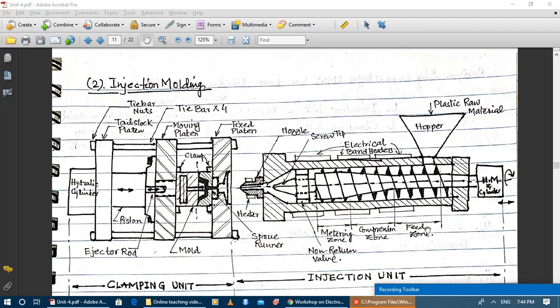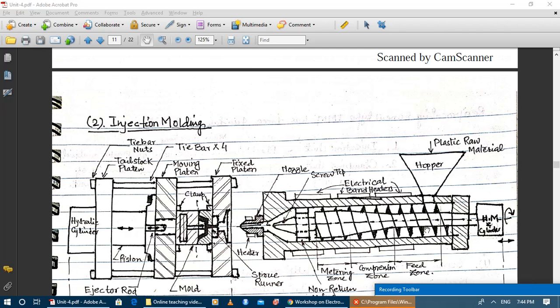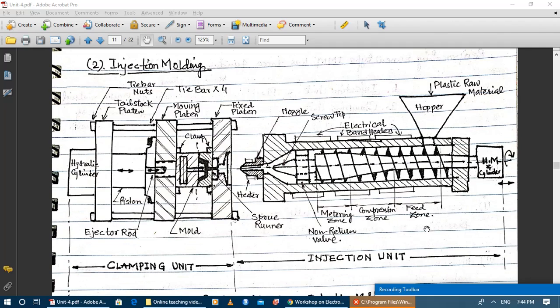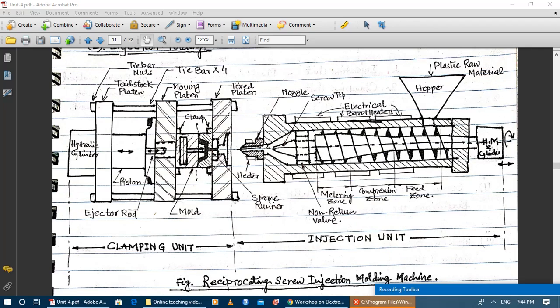The second most important melt processing technique is injection molding. In the case of an injection molding machine, we can divide the system into basically three parts. First is the injection unit, second is the clamping unit, and third is the control unit.